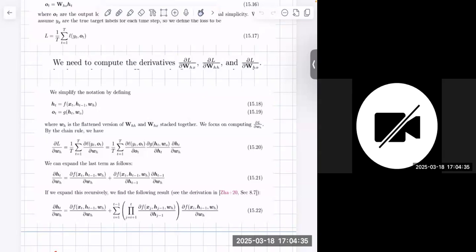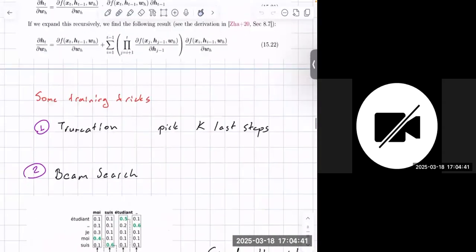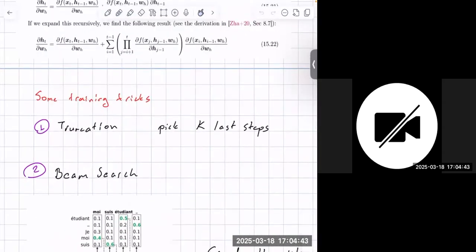So what people do, they start playing tricks to make it faster. One trick is truncation, which means instead of going through all the time, make your current situation dependent on a certain number of steps before your current situation. Don't go through all the time. Go through the last 10, last 100, last 1,000, whatever you decided, okay? That's truncation.